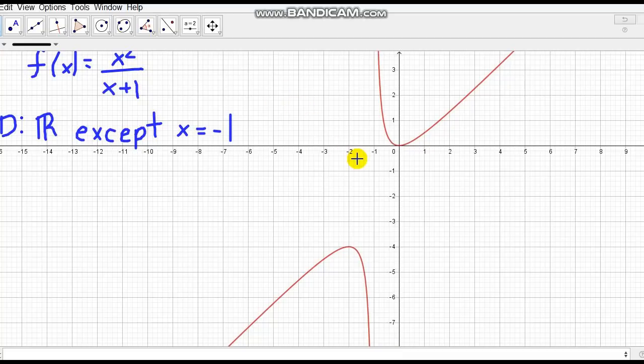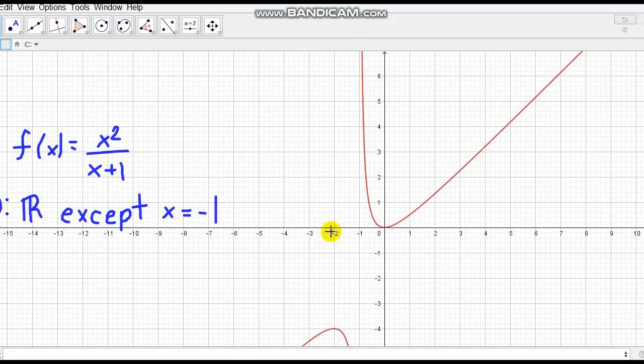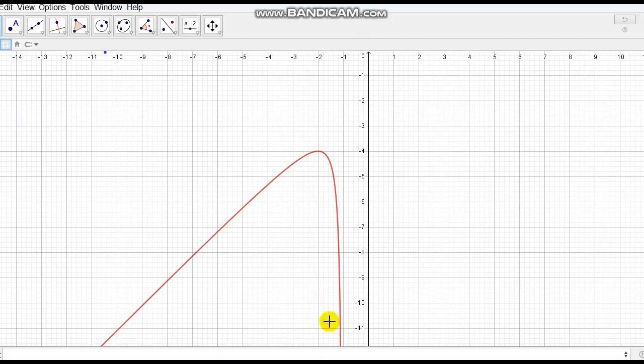Now for the range, we have to accommodate what the oblique asymptote does. Take note that there is more than one value excluded in the range. We can see here that it approaches +infinity and -infinity at these points.